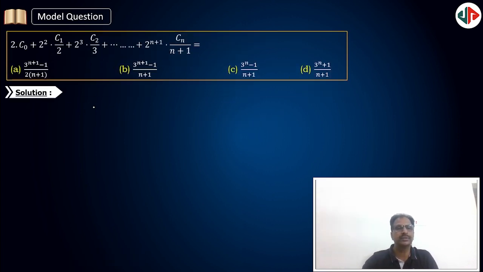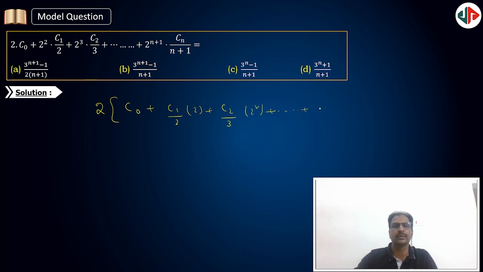Next, 2 into C0 plus 2 square into C1 by 2, 2 cube into... I am taking 2 common. Then I get C0 plus C1 by 2 into 2, C2 by 3 into 2 square plus so on, Cn by n plus 1 into 2 power n. I took 2 common.